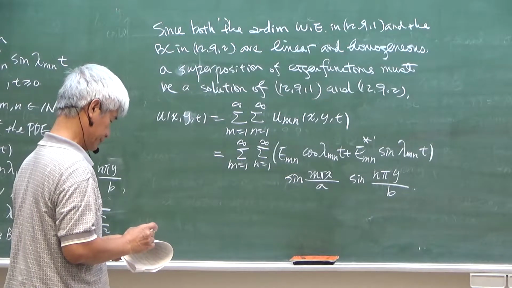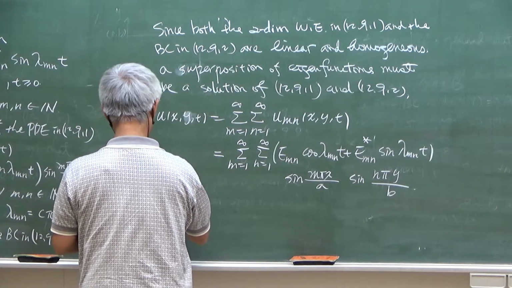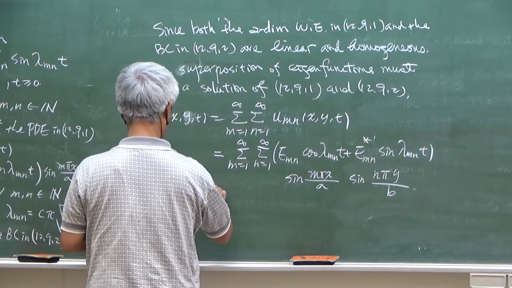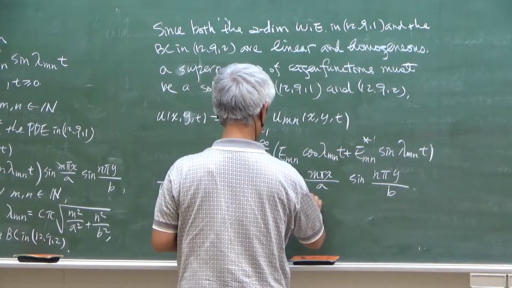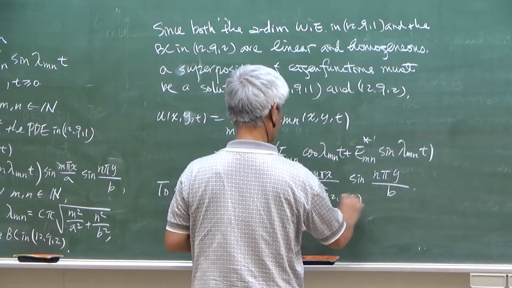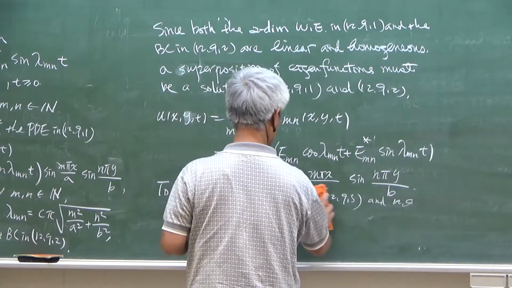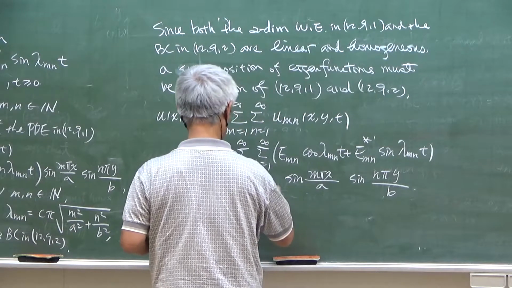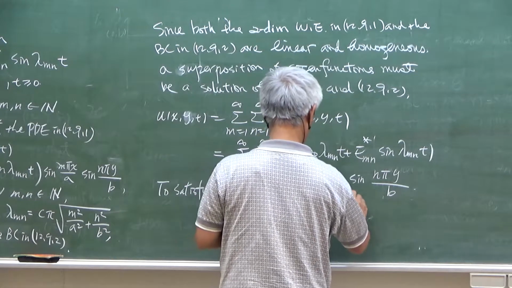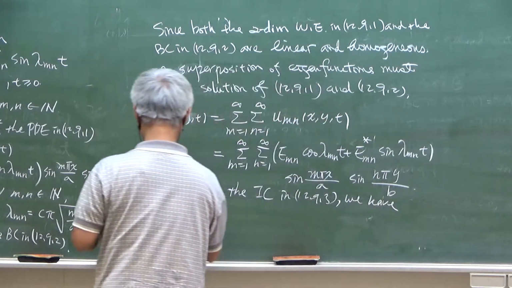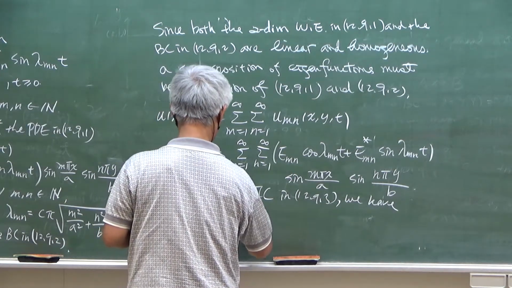Now, to satisfy the two initial conditions in 12.9.3, first the initial conditions. We have f of x y should be equal to u of x y 0.